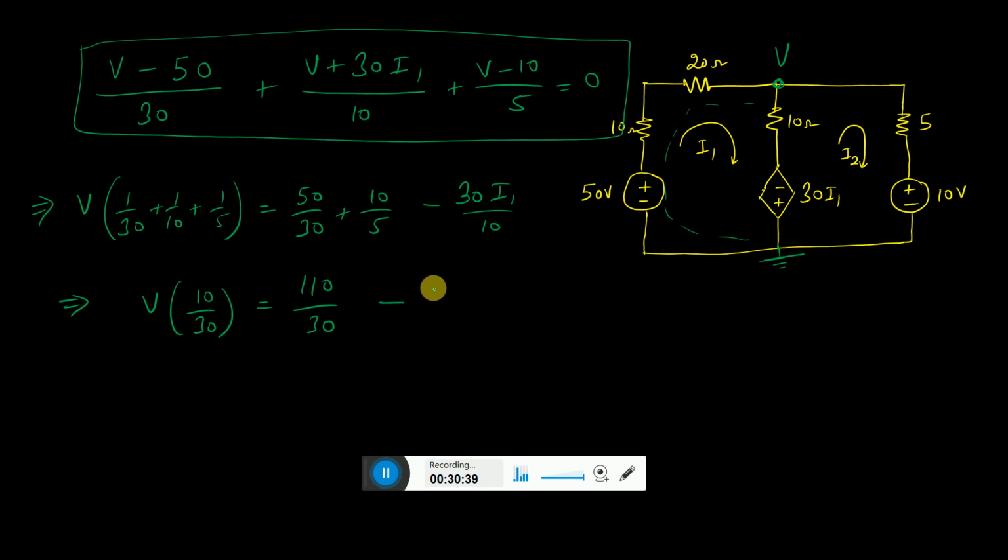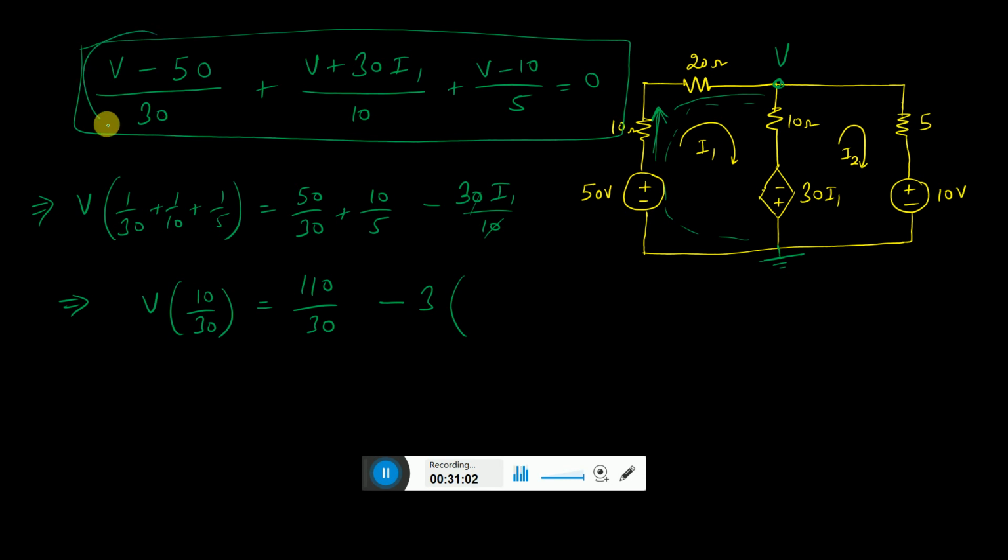So what is the value of I1, how can I write that? This I1 is the current going through the 10 ohm in the upward direction, right?